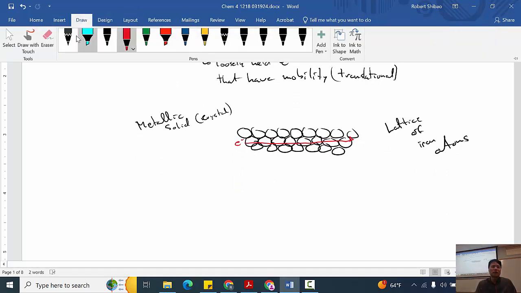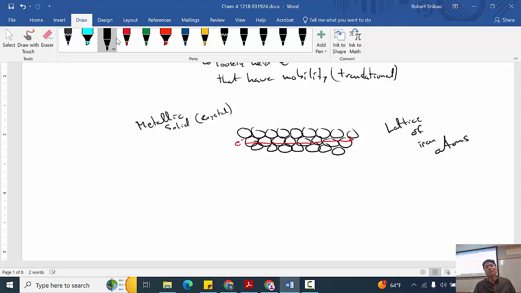Let's take a look at electrical conductivity in more detail. The electrons are flowing through like an empty room, versus a crowded room. We'll talk more about these kinds of analogies in just a moment.